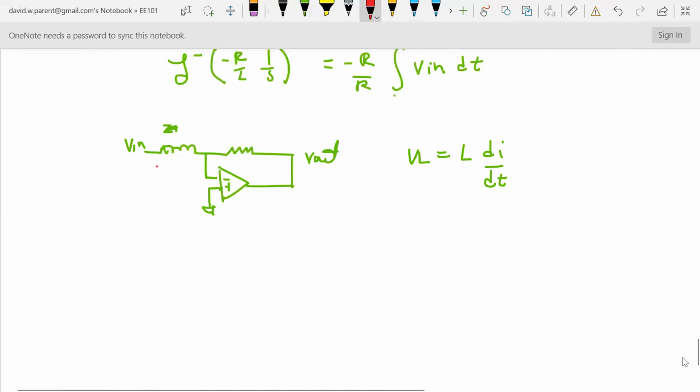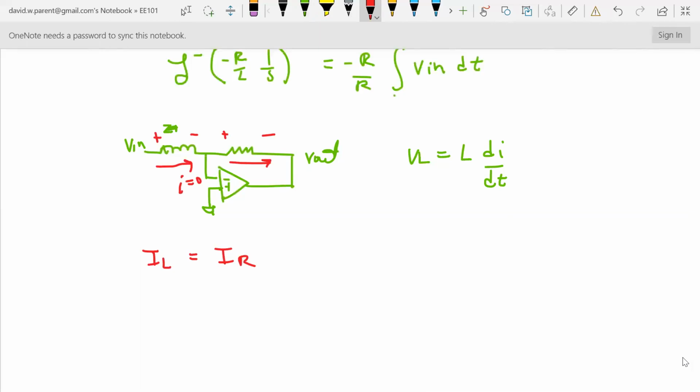Now I'm going to do it more traditionally, where we have the current going this way, voltage drop, current going that way, voltage drop, I equals 0. And yeah, it's going to be IL equals IR, right?